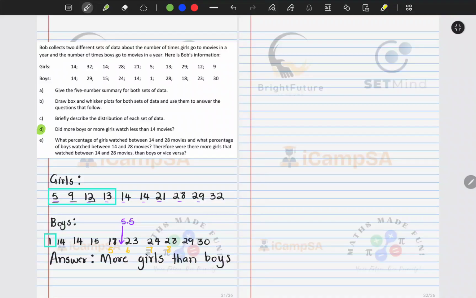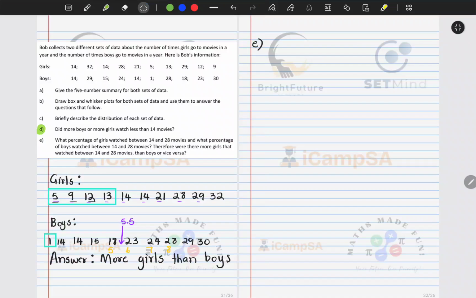Then they ask, what percentage of girls watched between 14 and 28 movies, and what percentage of boys watched between 14 and 28 movies? Therefore, were there more girls that watched between 14 and 28 movies than boys, or vice versa? So this question speaks to the percentile question. We need to figure out, when we're looking at 14 for boys, what exactly are we looking at?